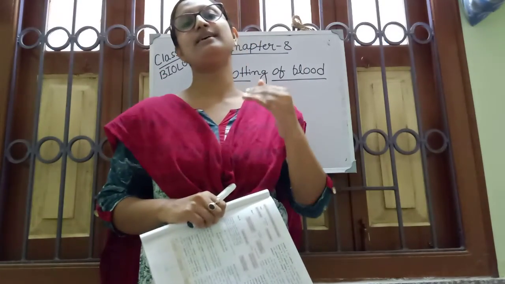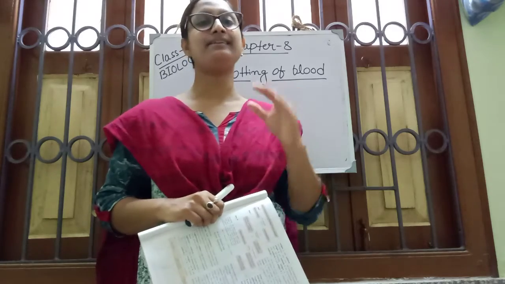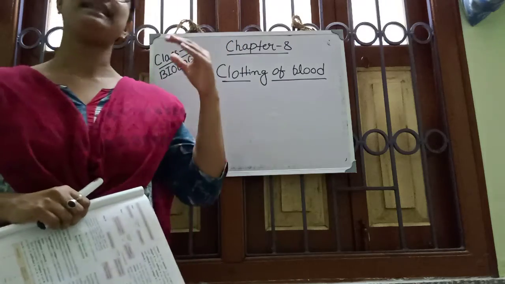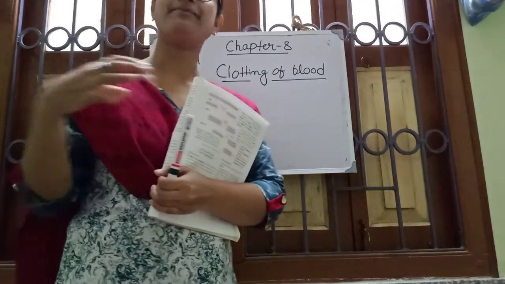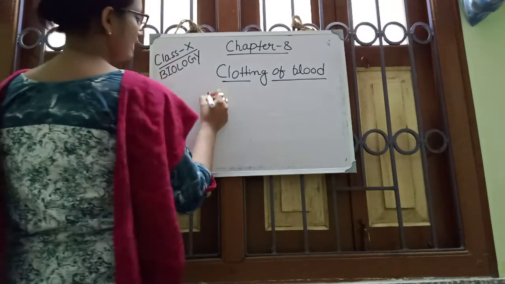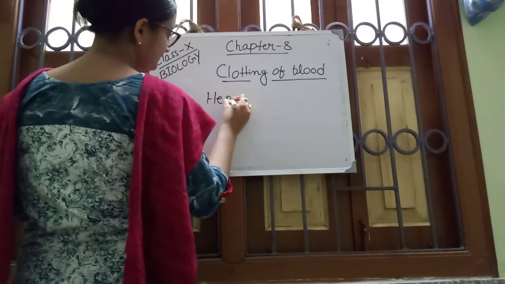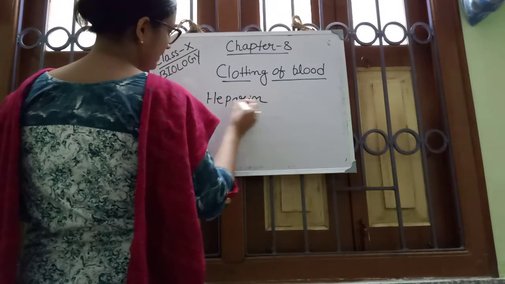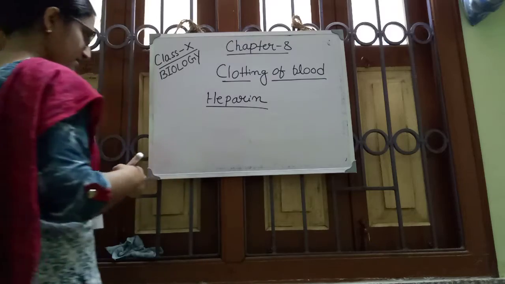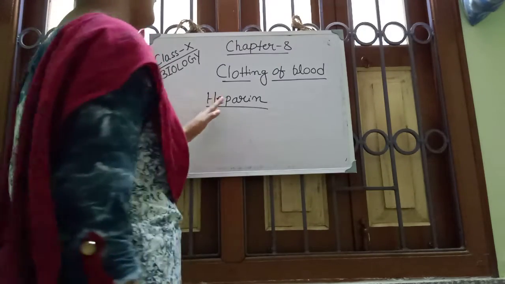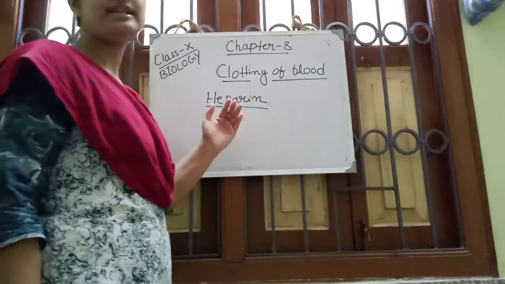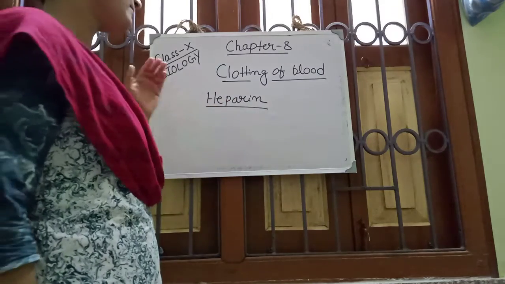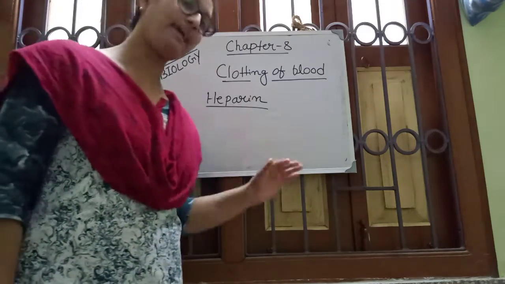Why can it not clot? Because an anticoagulant is present. A natural anticoagulant is present in the blood inside the blood vessels. When the blood stays inside the blood vessel, it cannot clot, with the help of heparin. Heparin is the natural anticoagulant that prevents blood clotting inside the blood vessel.